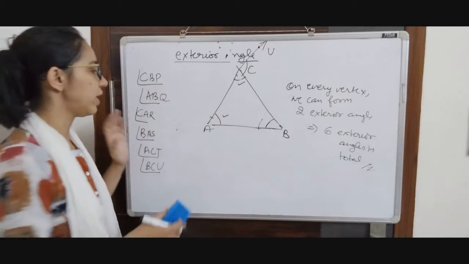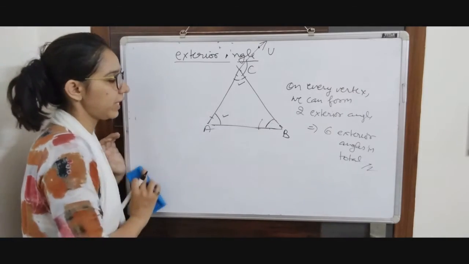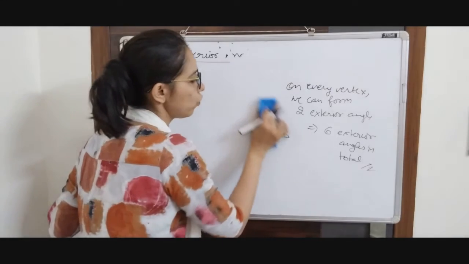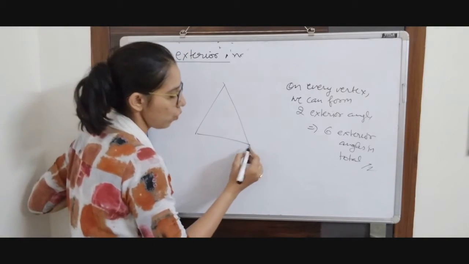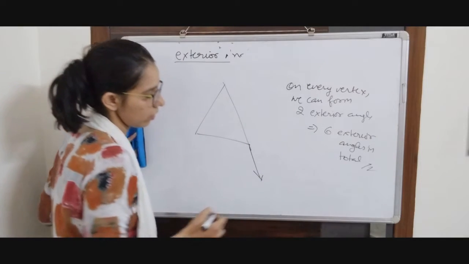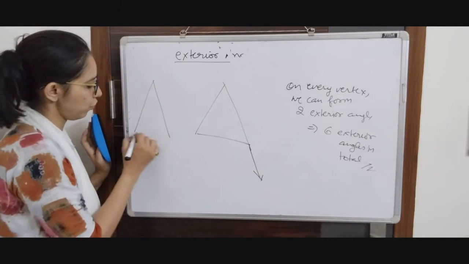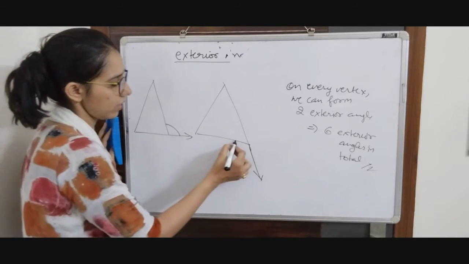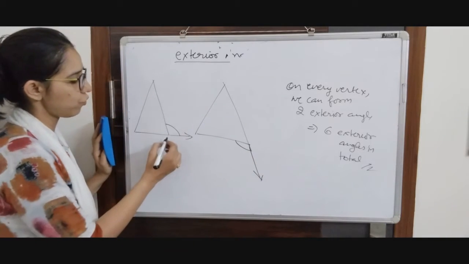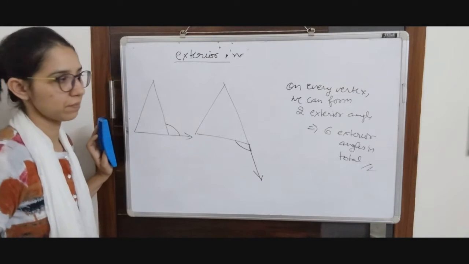So on every vertex, because a vertex is the meeting point of two sides, we can draw two exterior angles, this one and this one. For every vertex we can do that.